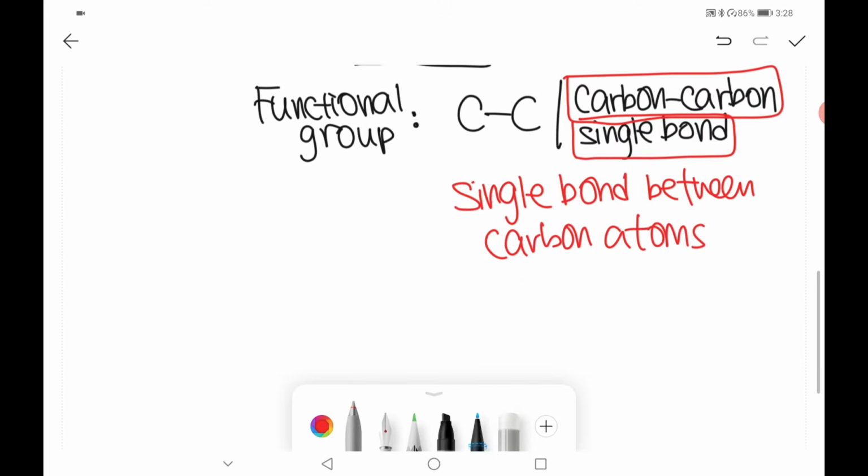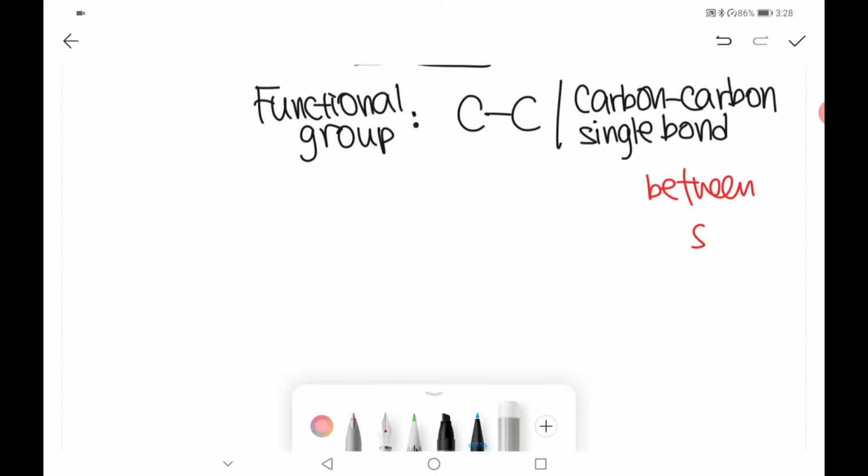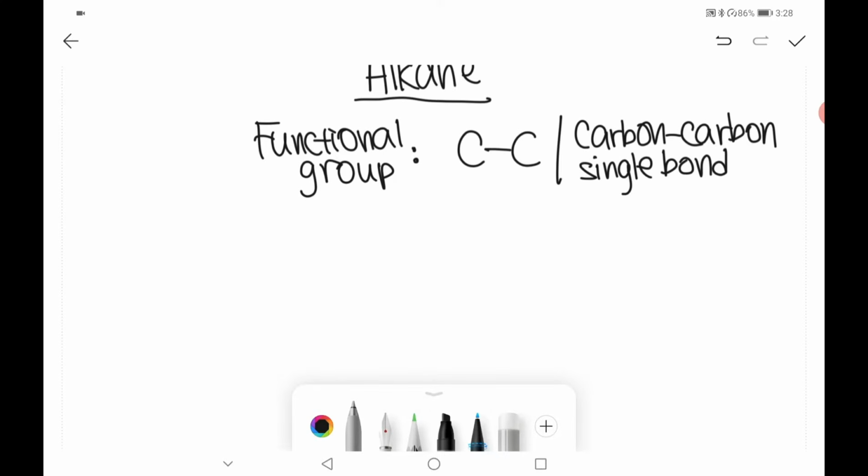You see, this is carbon, this is carbon, and this single bond indicates it is alkane. This is not hard, but many students make mistakes here. So please remember, the functional group of alkane is the carbon-carbon single bond. Whenever you see a substance that has a carbon-carbon single bond, you know that the substance belongs to alkane.